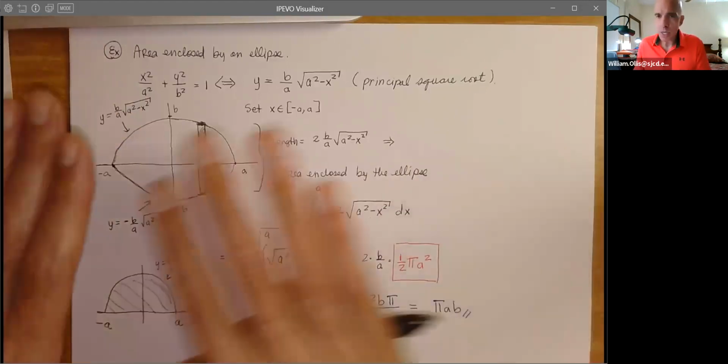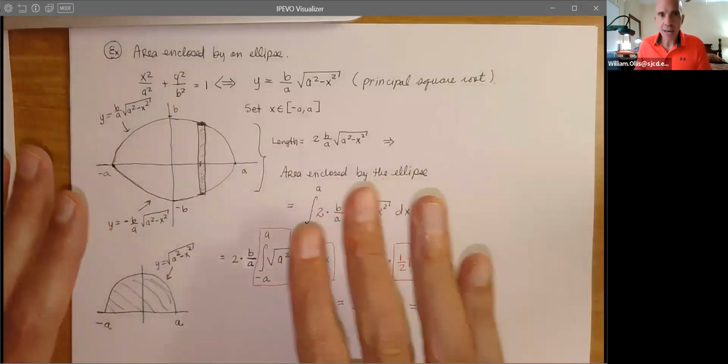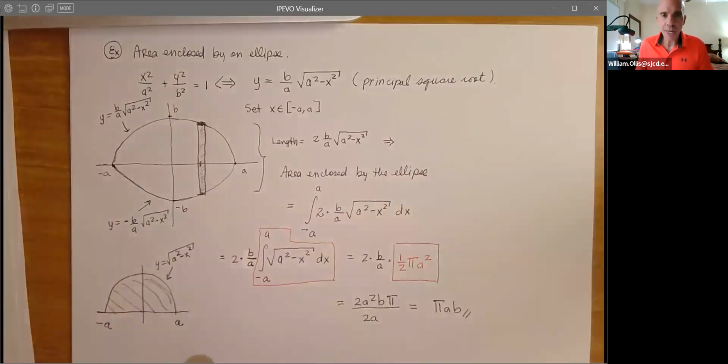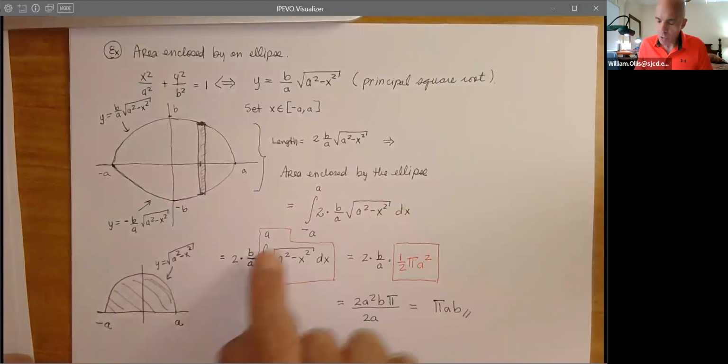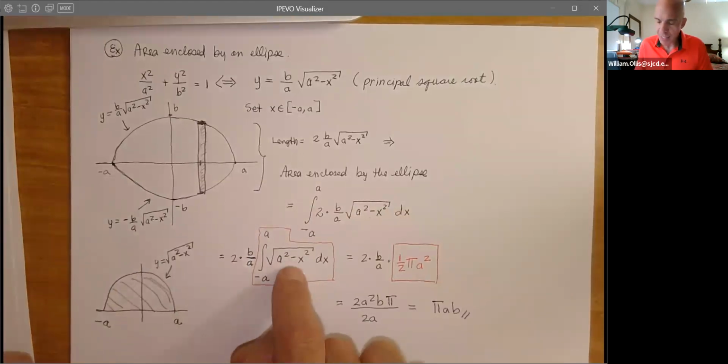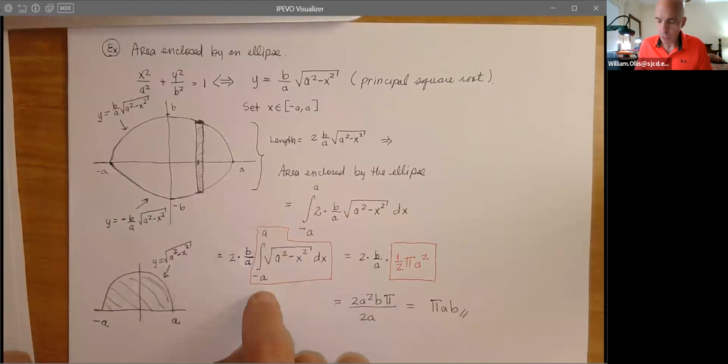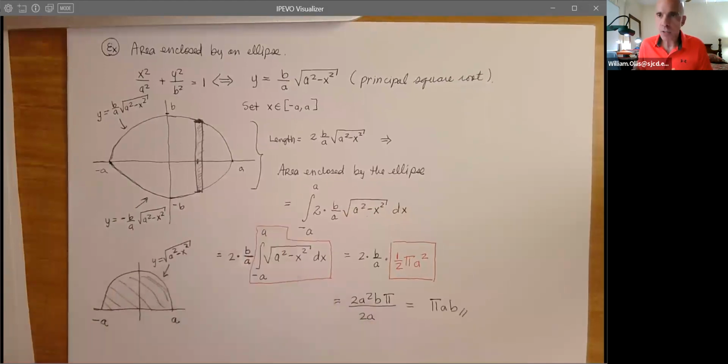So the beauty of the calculus here is that there is no set way to do anything. And you can often look at this and say, oh, well, let me try that special integral formula to see if it works. But notice if we were going to do that, this is a nice even function on a symmetric interval. And then we could hit it with another 2 and then go from 0 to a. So you can make all kinds of simplifications and do this problem in many different ways.